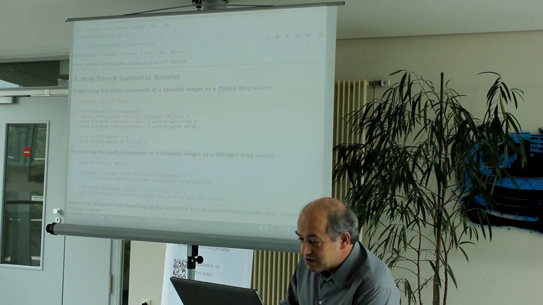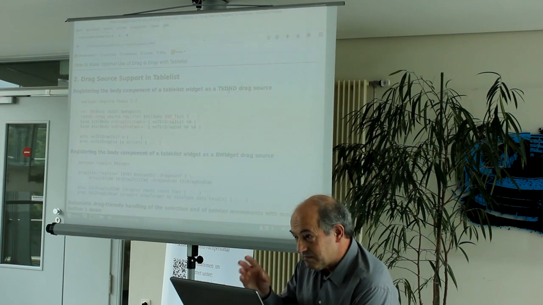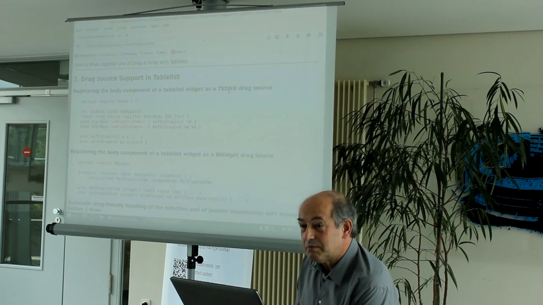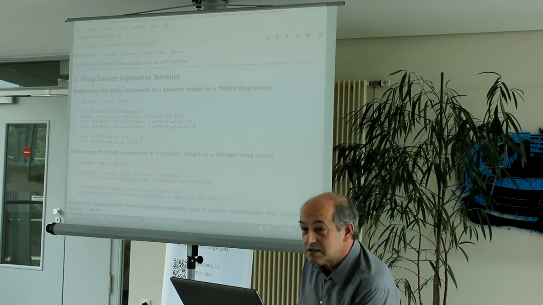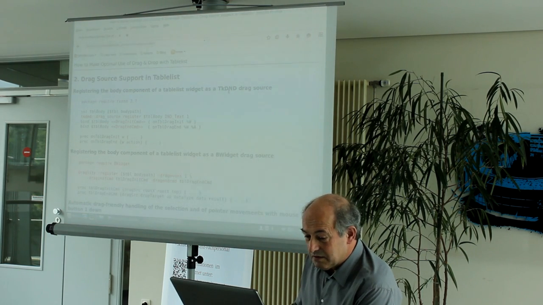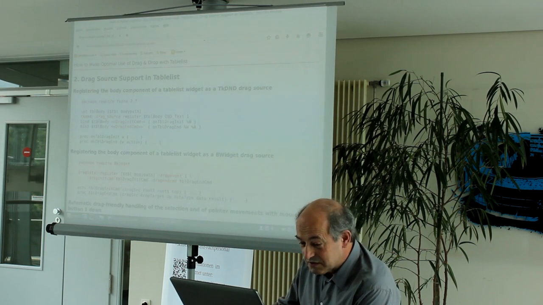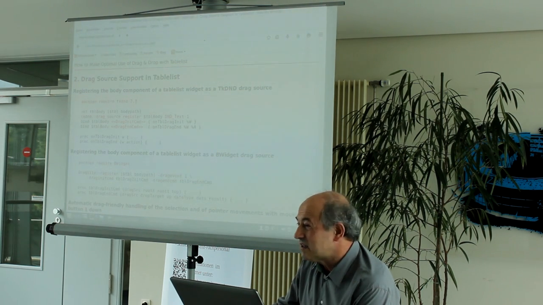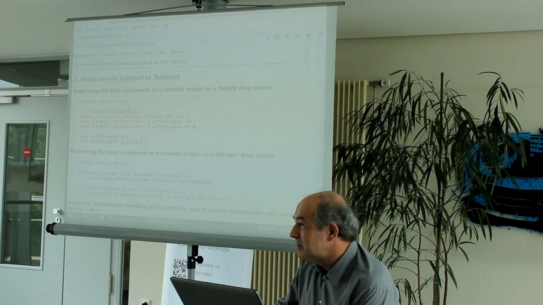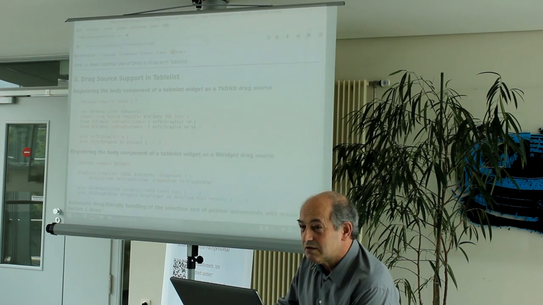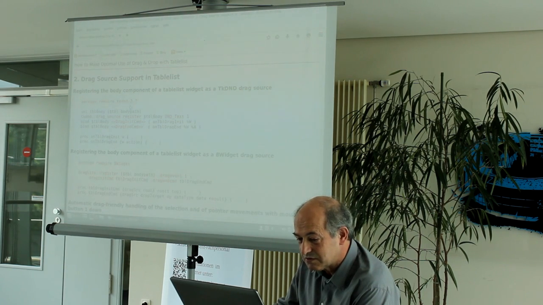If we use TkDND, a drag and drop implementation by Georgios Patasis, we have to use version 2.7. As far as I know, there is an even newer version, 2.8, but 2.7 is the minimum version we should use.